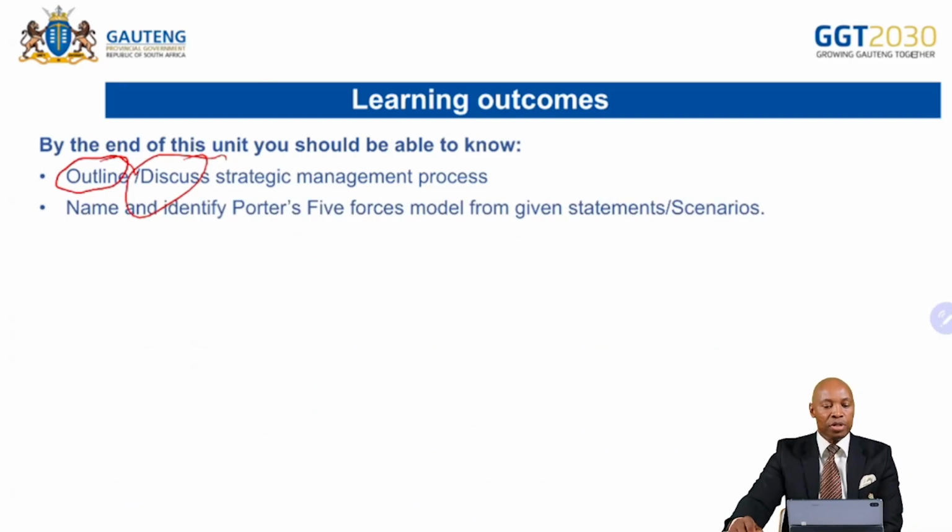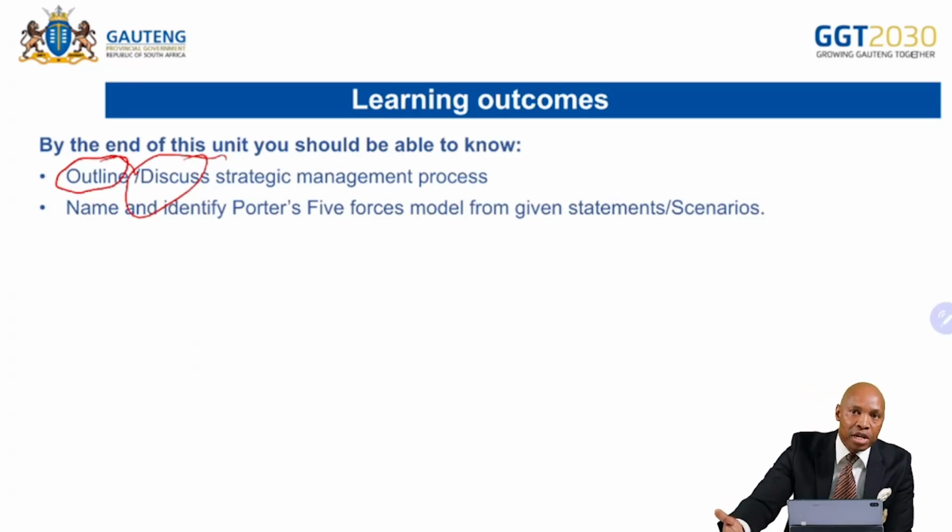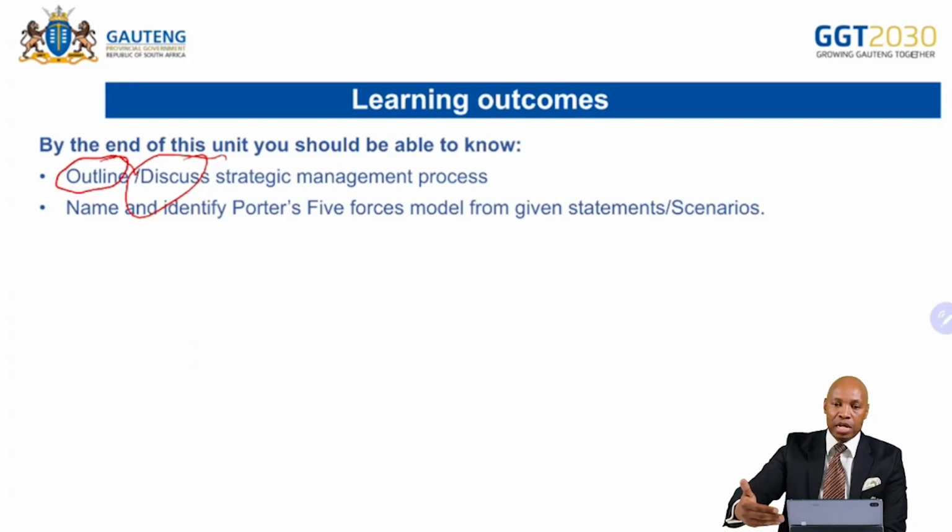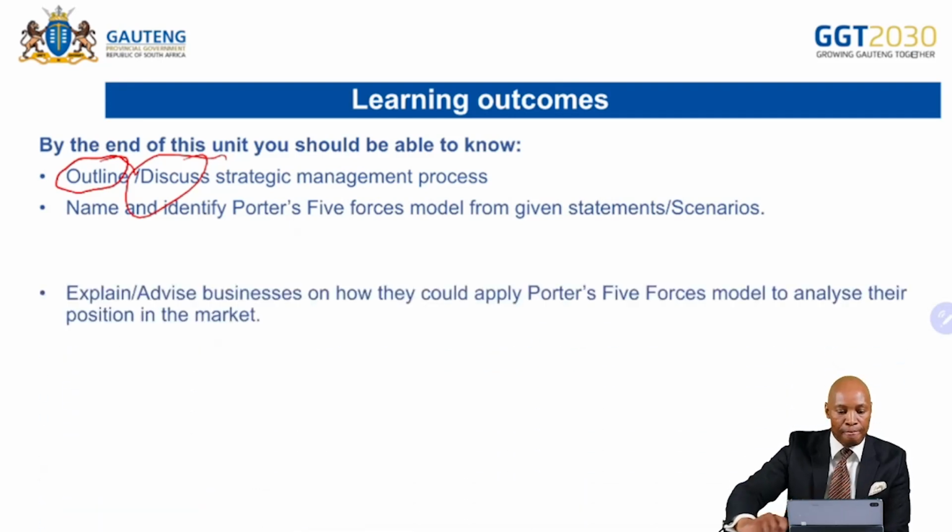You must be able to name, if not name, identify Porter's 5 forces from a given scenario or statement, which means learners, examiners may ask you on Porter's 5 forces model. They might give you a scenario, they might give you a statement, they might give you a direct question. You will see as we go on how you will be assessed on business strategies.